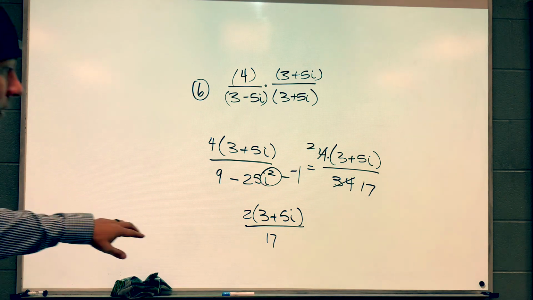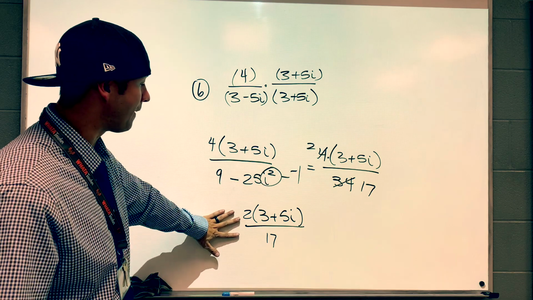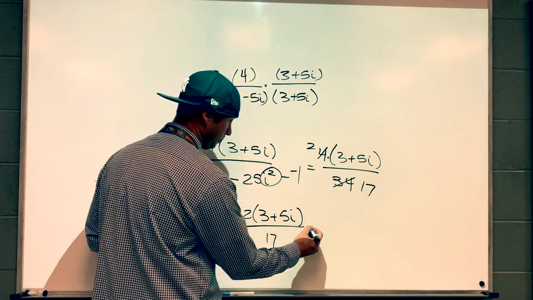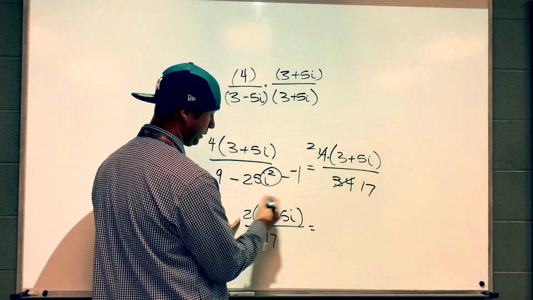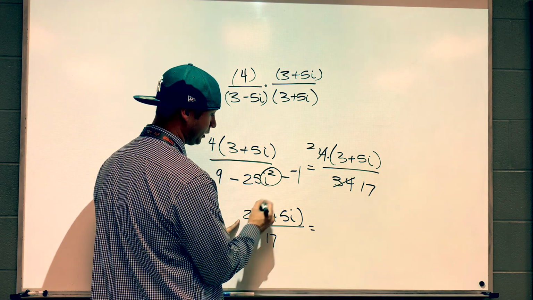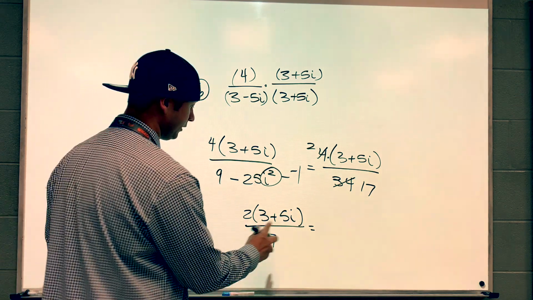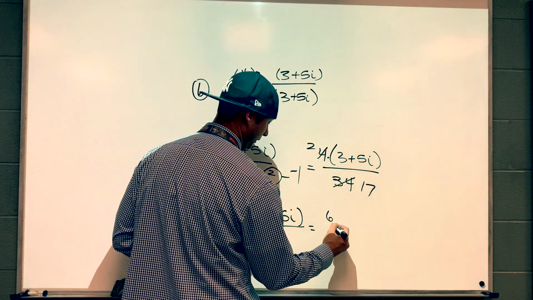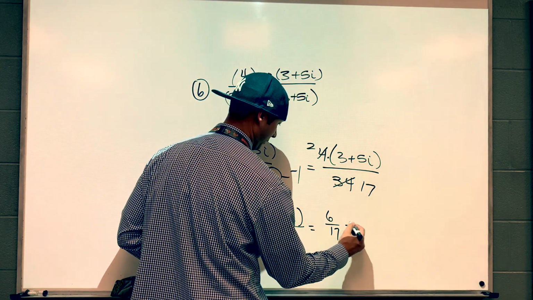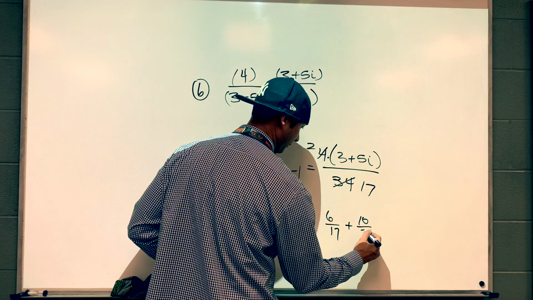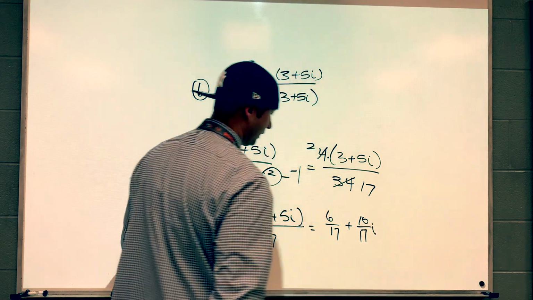Now, I think this is fine, but if you want it in standard form, you could distribute the 2, and then write 17 under each. So this will be 6 plus 10i over 17.